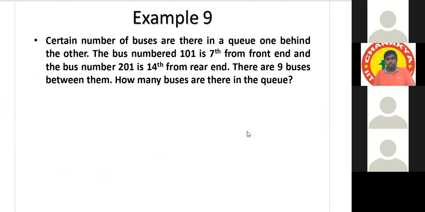Okay, try to answer this question. How many buses are there in the queue? We have already completed this type and we are ready with the shortcut. Let's see how many will use that shortcut.